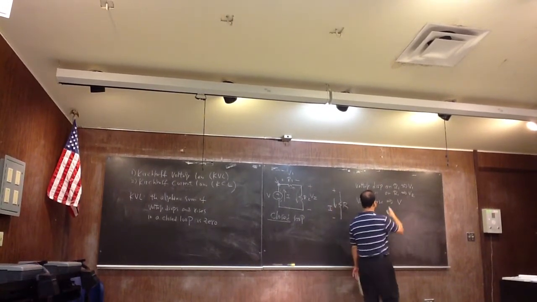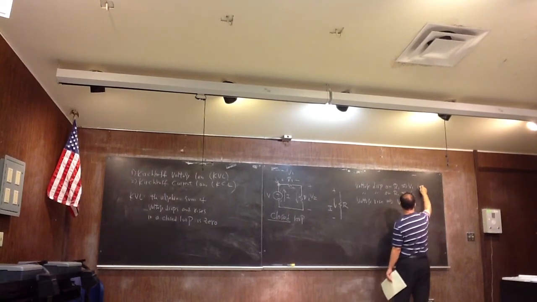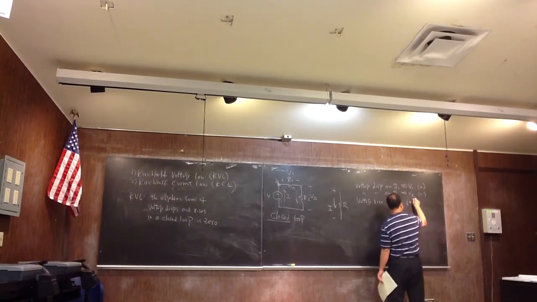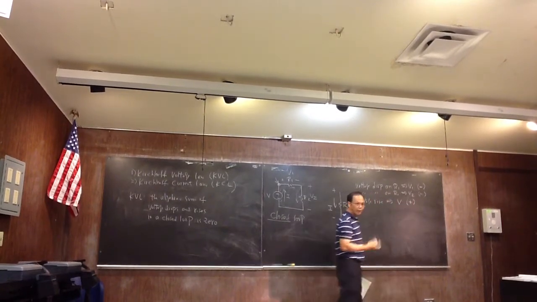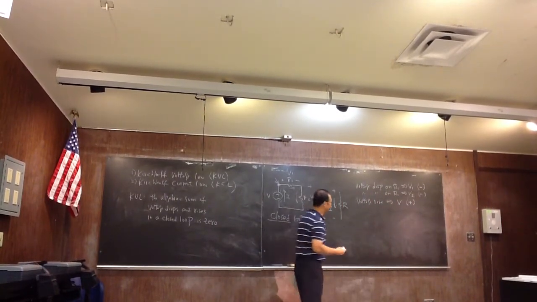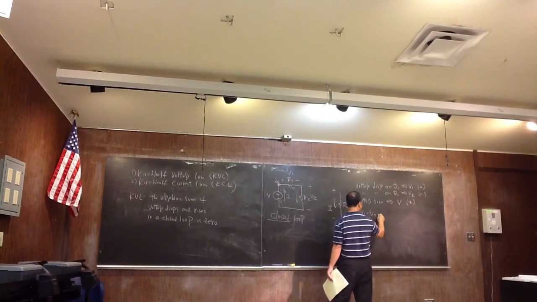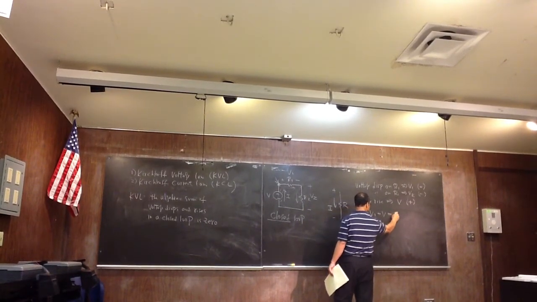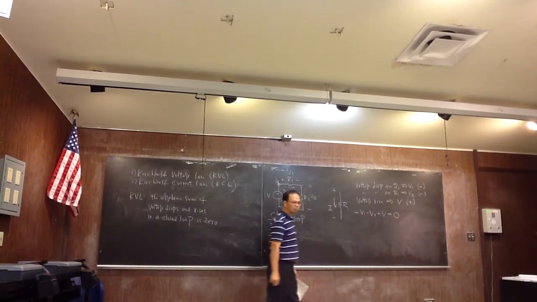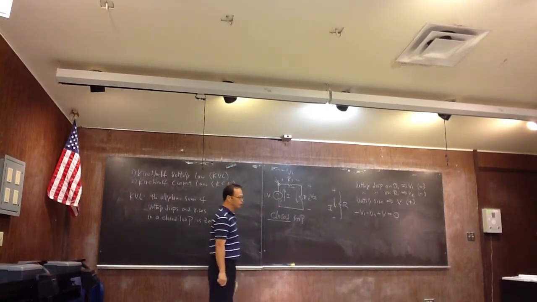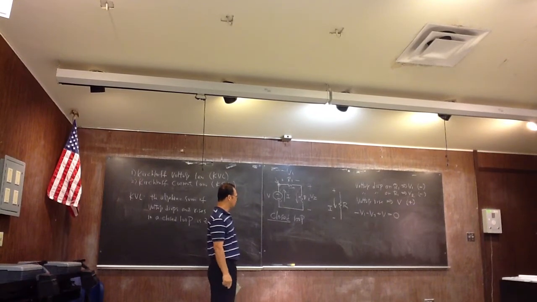Normally we would use the negative sign for the drop, and the positive sign for the rise. Therefore, I have minus V1 minus V2 plus V equal to 0, according to Kirchhoff's voltage law.